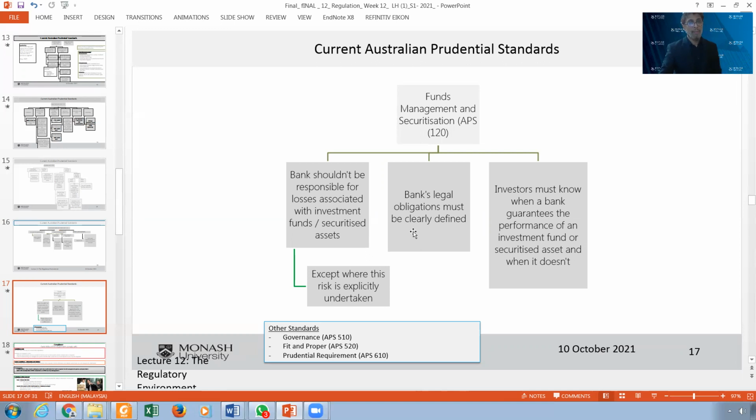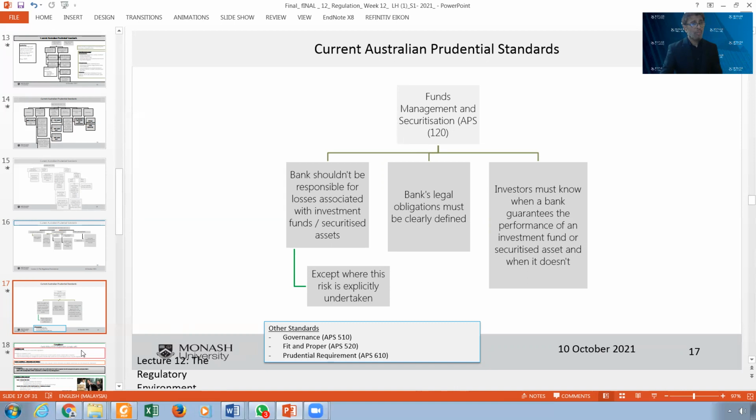No, it's not the bank. It is the special purpose vehicle that now buys the loans and starts to sell them. Bank-level obligations must be clearly defined when they run what we call funds for others, or when they have this securitization issue.